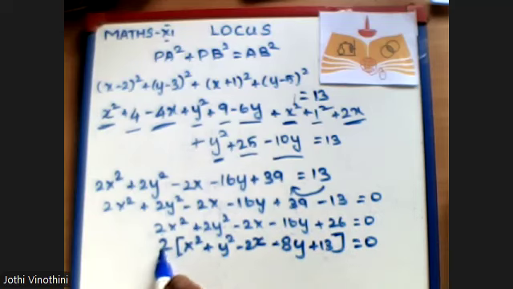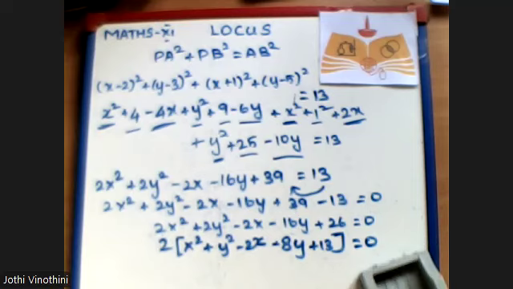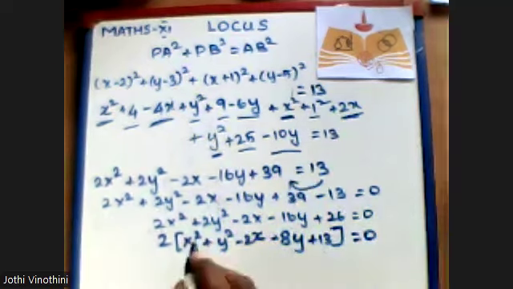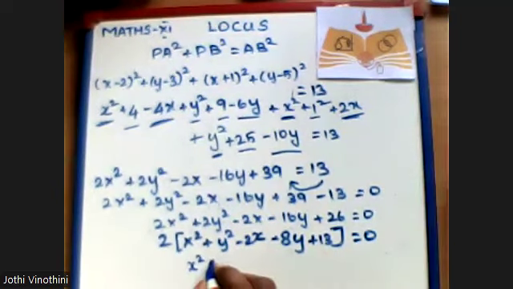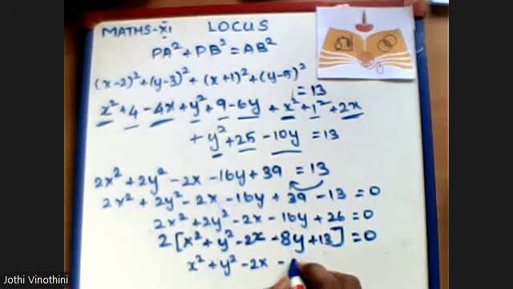If I move the 2 to this side, it will go as 0 by 2, which again becomes 0, right? So what will I get finally? I get finally x squared plus y squared minus 2x minus 8y plus 13 equals 0.